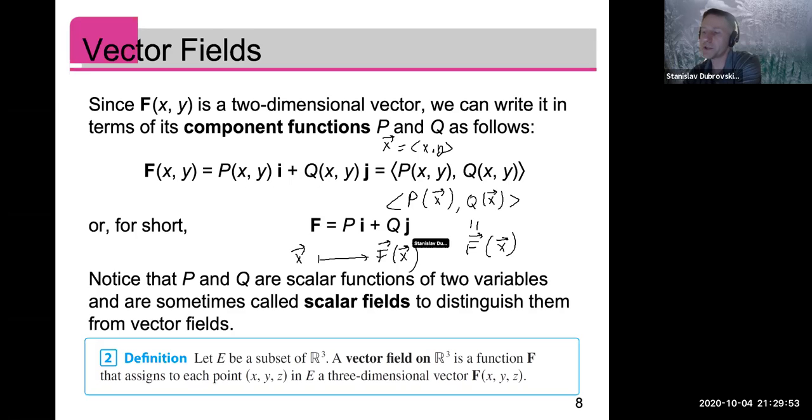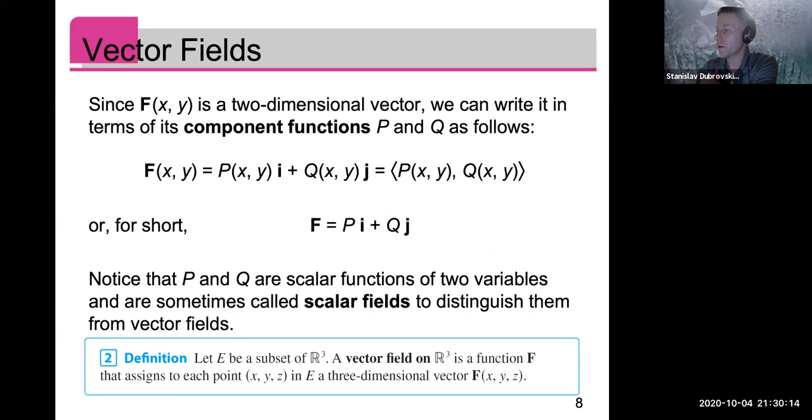So far, for scalar functions, we had vector inputs but scalar outputs, and for curves, for vector functions, we had scalar inputs and vector outputs. Now we combine the two, we get both vector inputs and vector outputs in this case. So that's what we call a vector field.